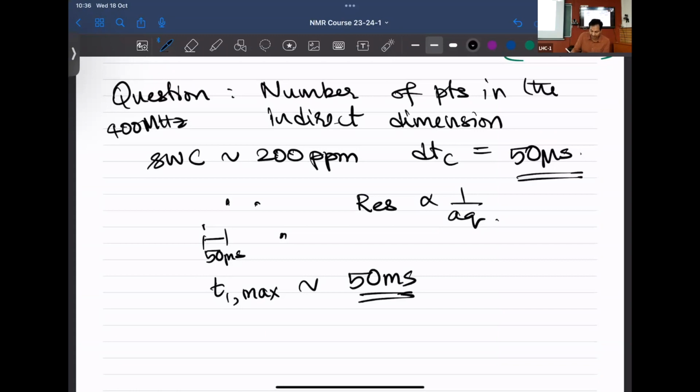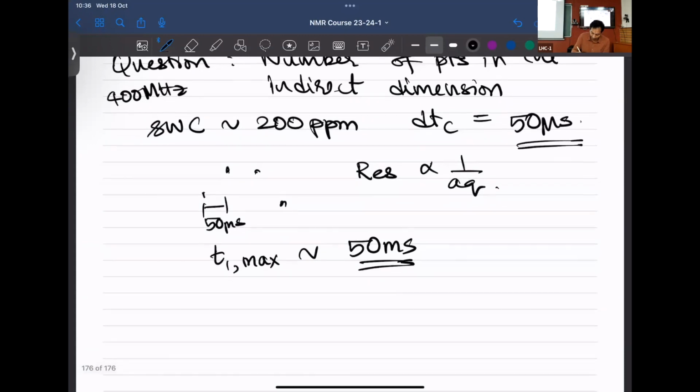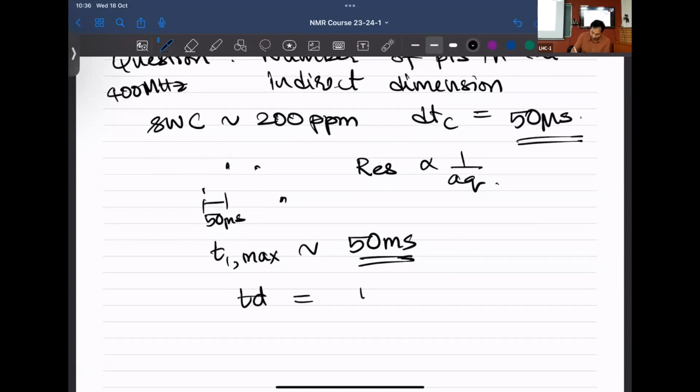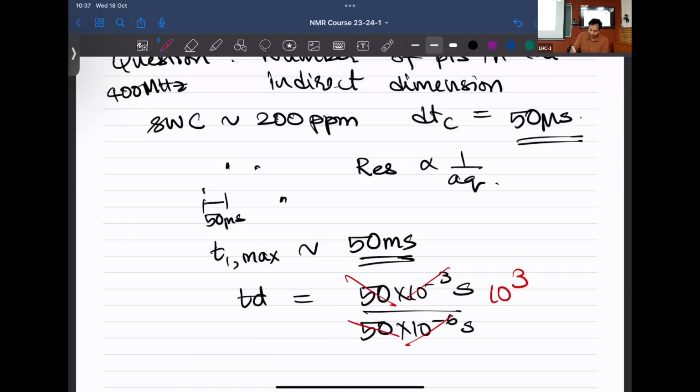How will you set it? You have 50 microseconds. You have T1 max. So the number of points is going to be equal to 50 milliseconds, 10 power minus 3 seconds, divided by the dwell time, which is 50 microseconds. So therefore, the number of points will immediately be 1,000 points to achieve 50 milliseconds.